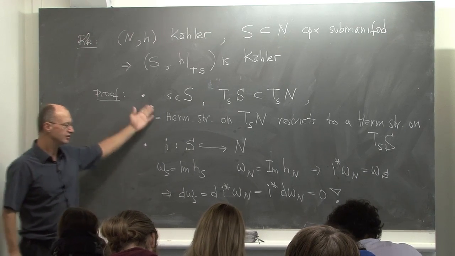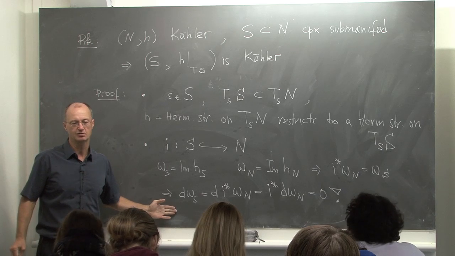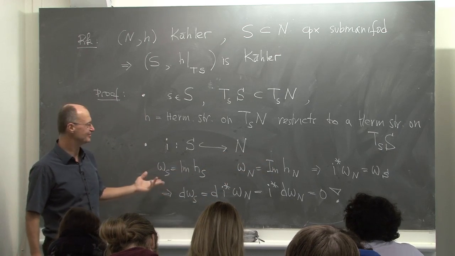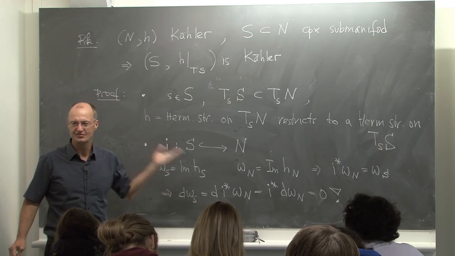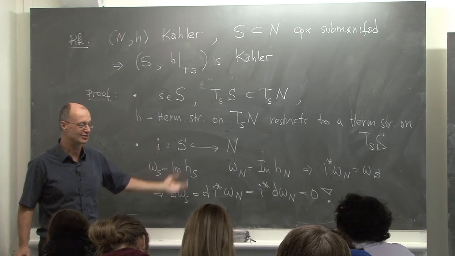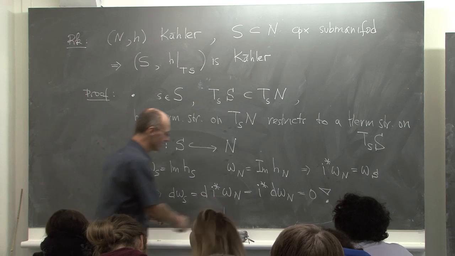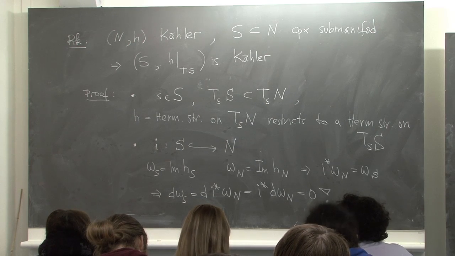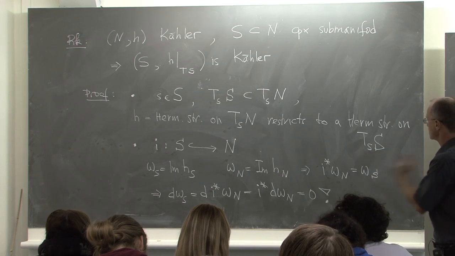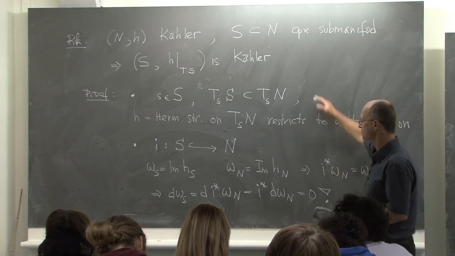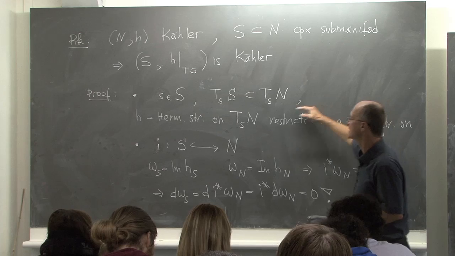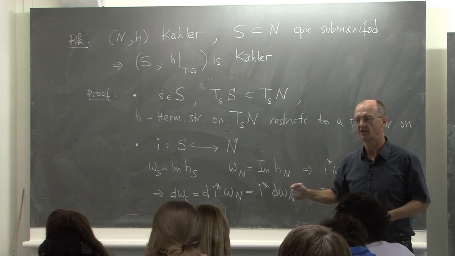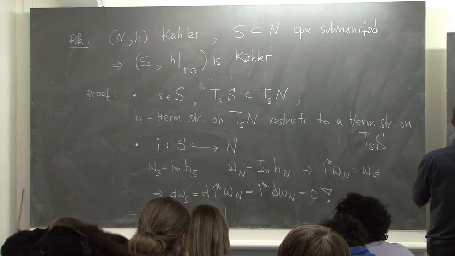I'm trying to write it to make it long, but in principle, the argument is very short. Later on, we'll compare it to the situation with symplectic manifolds. The situation with Kähler manifolds, from this perspective, is very nice. Basically, you take any complex submanifold, and you get a new Kähler manifold, which is very beautiful.